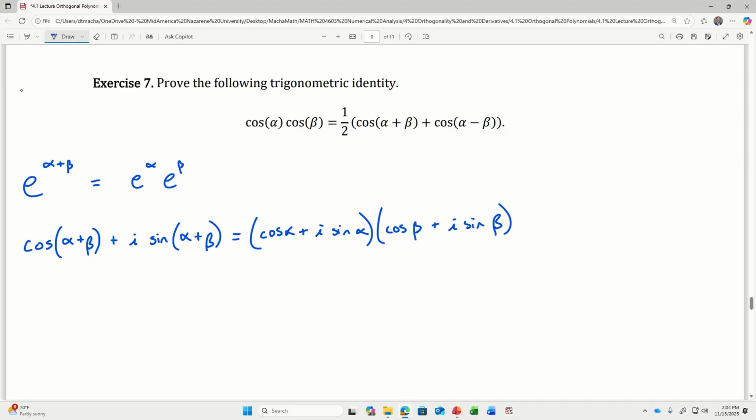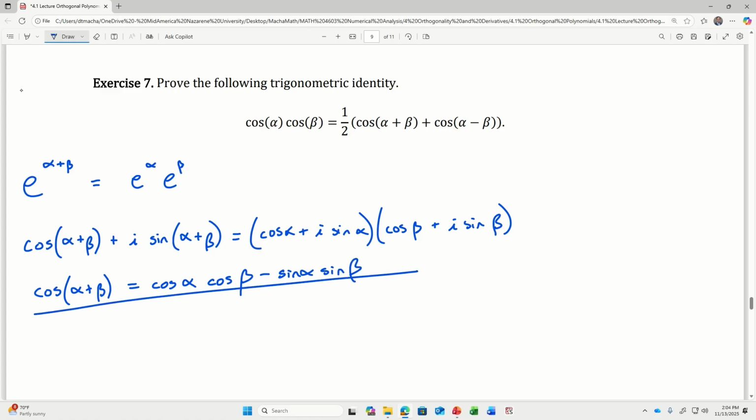And then if I ignore the imaginary parts and I just take the real parts, we get cosine alpha cosine beta, imaginary times imaginary, and then minus sine alpha sine beta. Okay, very good.